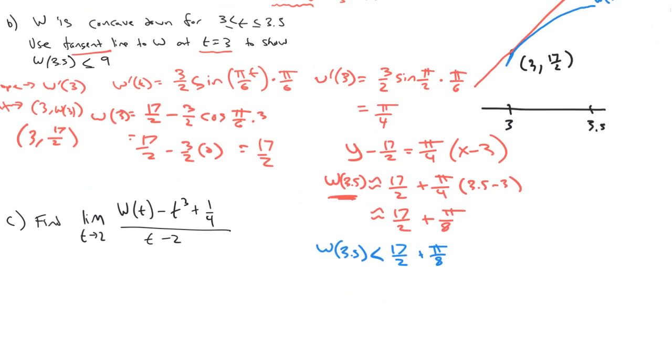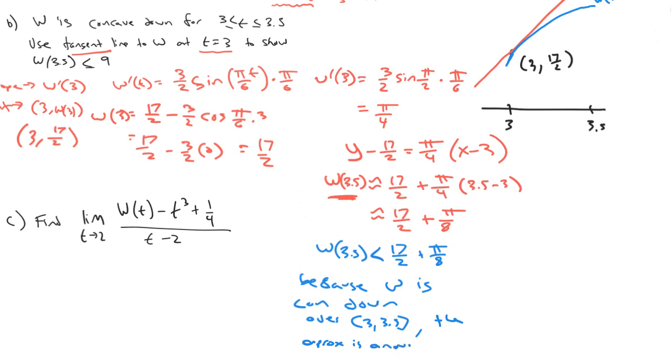And you should justify this by saying because W is concave down over 3 to 3.5, the approximation is an overestimate.